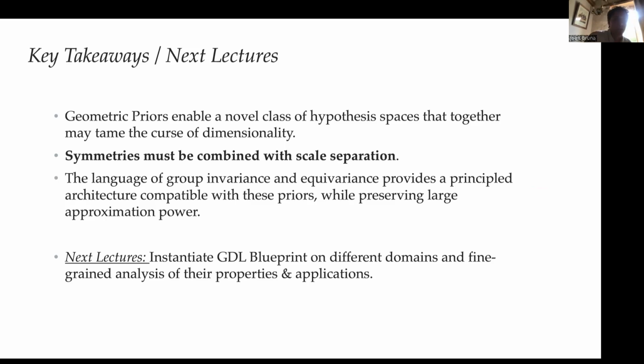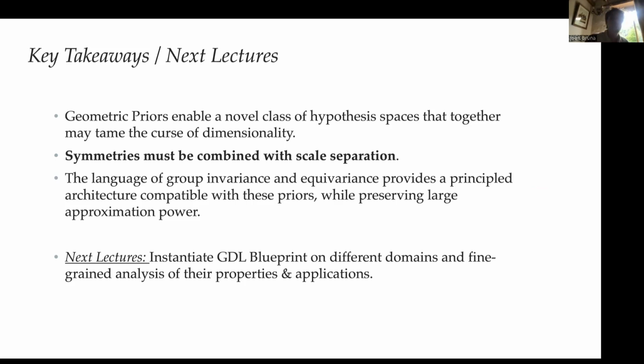And so what we have seen is that through this notion of group invariance and equivariance, we can produce an architecture, this GDL blueprint, that is a kind of first principles architecture. It's a way to construct representations that have all the properties that we want, namely that they respect the multi-scale prior, they respect the invariance prior, and that they can be very expressive, that they can approximate very complicated structures.